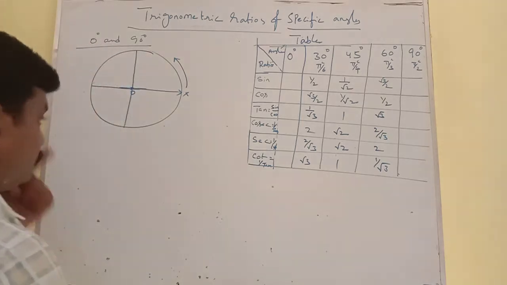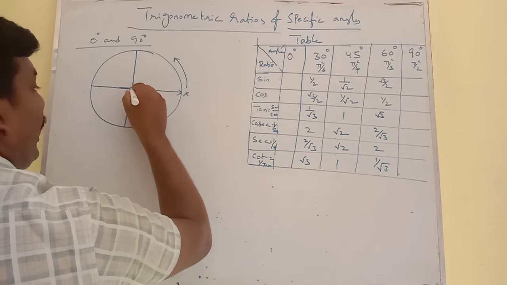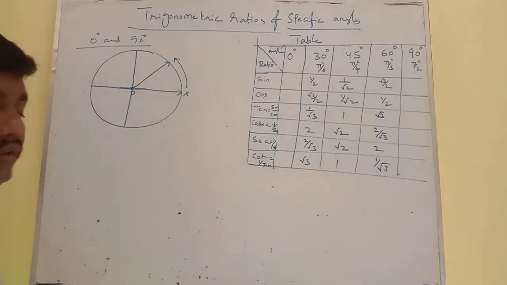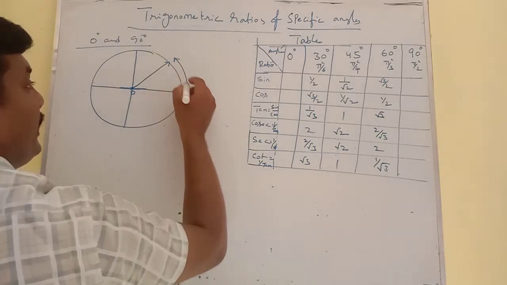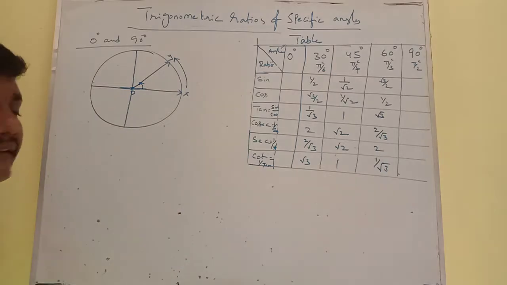If you consider the ray AX rotating anti-clockwise, from AX to AY the ray is rotating like this.